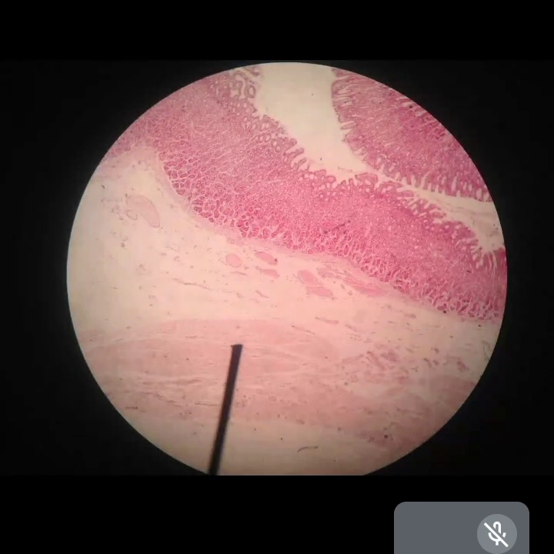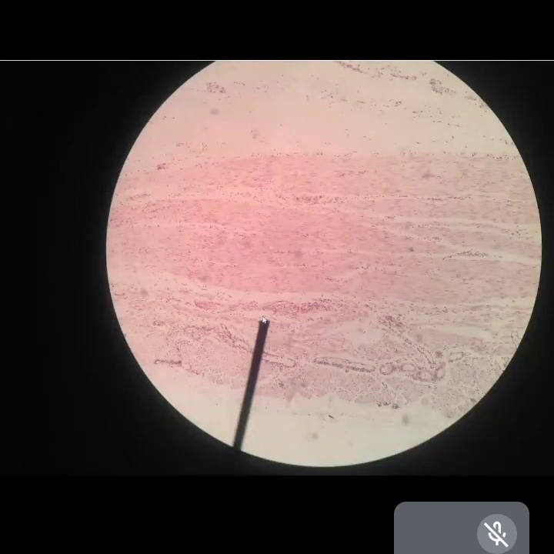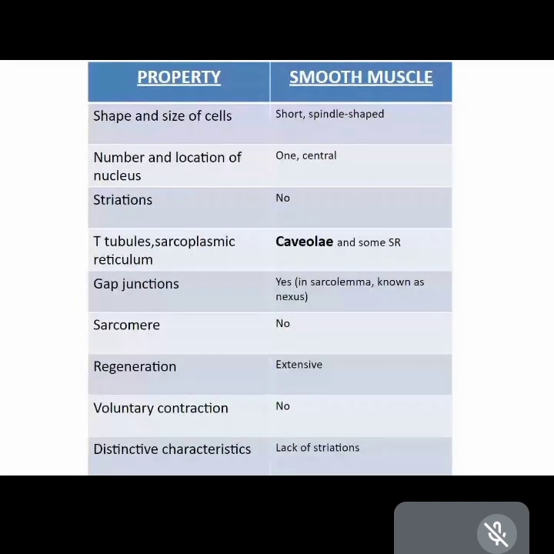So this is the bladder, I think, yeah. Underneath the bladder is smooth muscle here. It's non-striated. Here, shape and size of cells: they are short, spindle shaped.